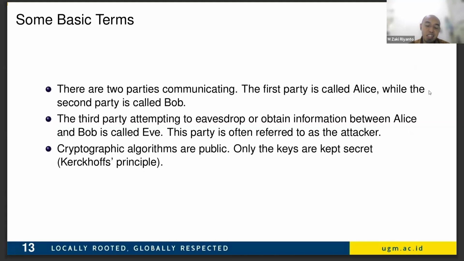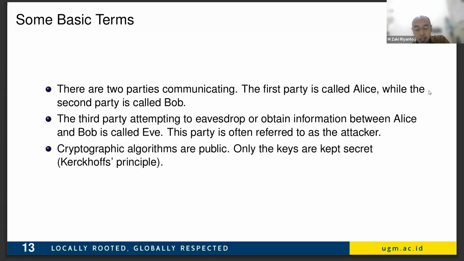I think Eve is a she, right? So Eve eavesdrops on everything that Alice and Bob share using the communication channel.